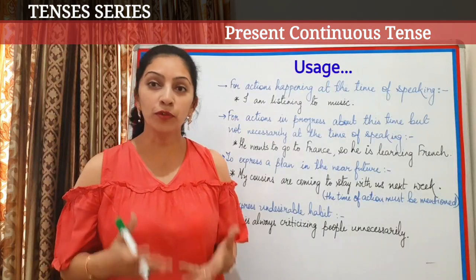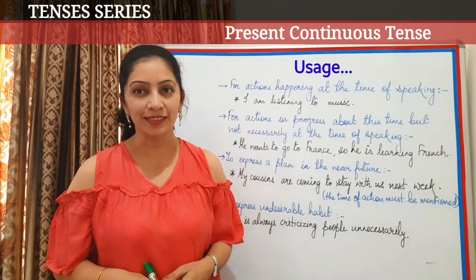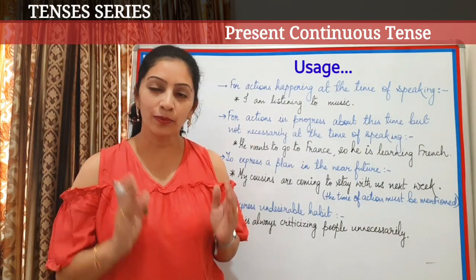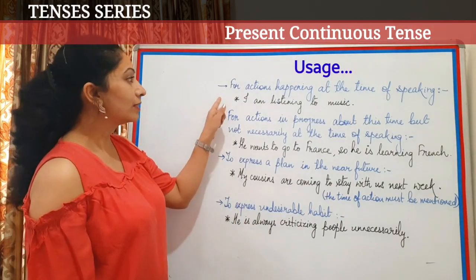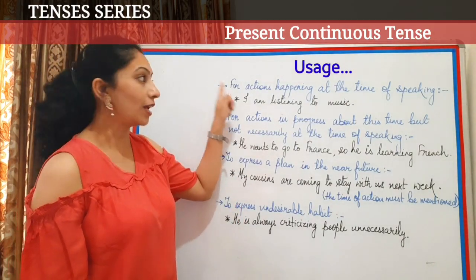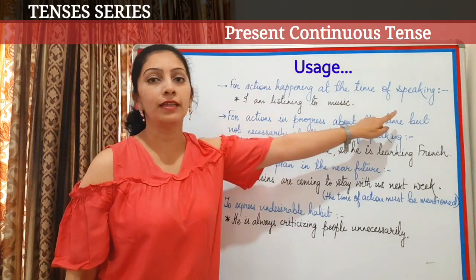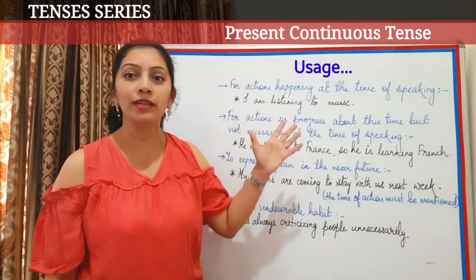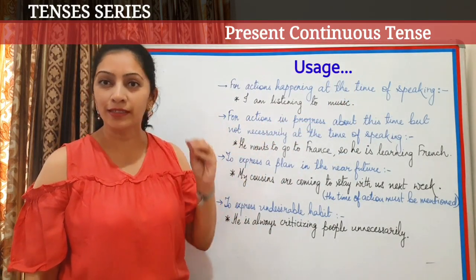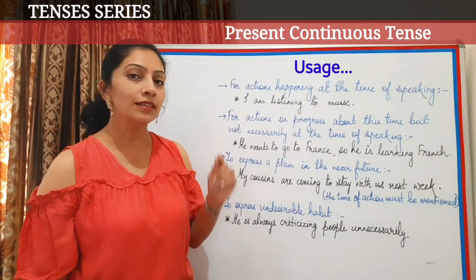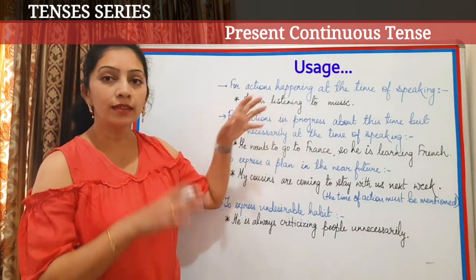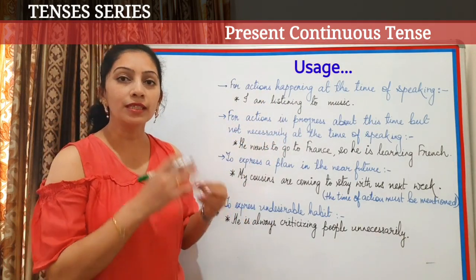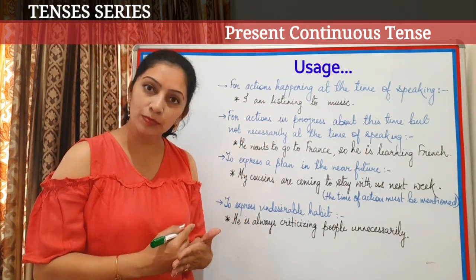Now moving ahead with present continuous tense, let us look at where all it is generally used. Present continuous tenses can be used for actions that are happening at the time of speaking. Now this point I had explained to you right in the beginning of the video, that when we talk about an action using continuous tense, it means that action is happening at the time of speaking.